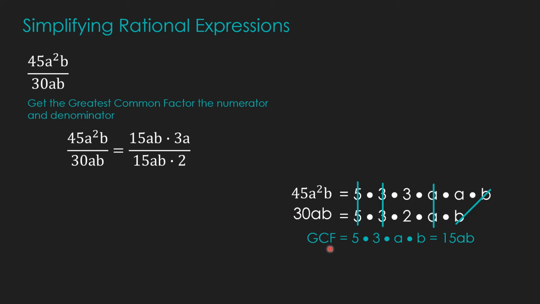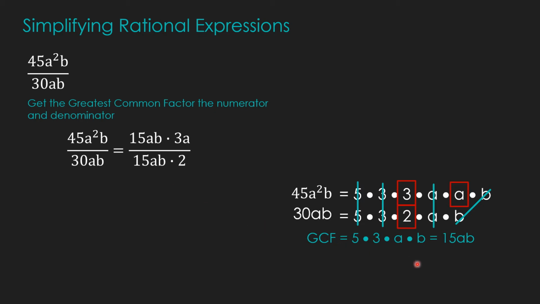Now, after getting the greatest common factor, the common monomial factor, we check unsay mahibilin. Of course, 45a squared b, that's 3 times a. So, mao nang naa kay 3a diha. And then sa 30ab, ang nabilin is 2. So, mao nang 2 ang naa diha sa iya hapod sa ubos after getting the 15ab.